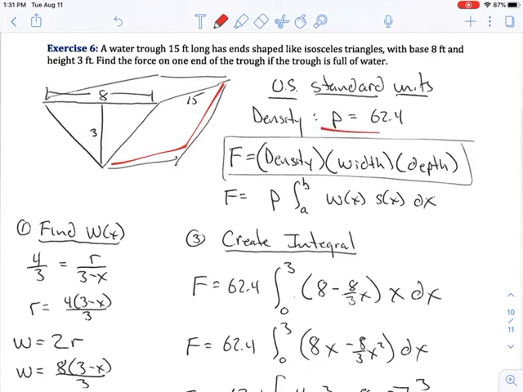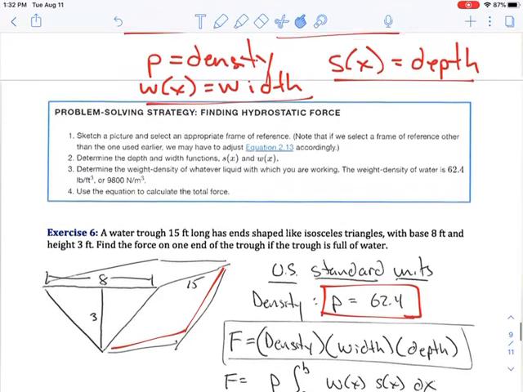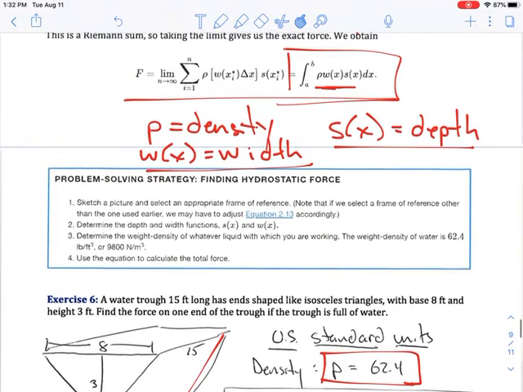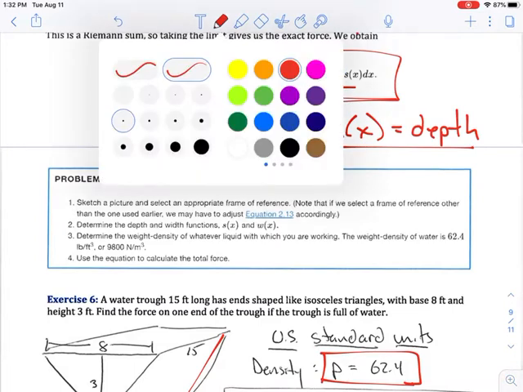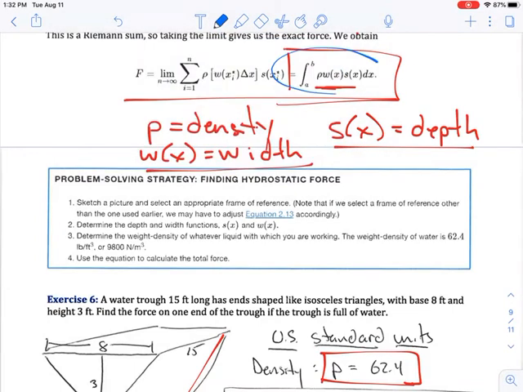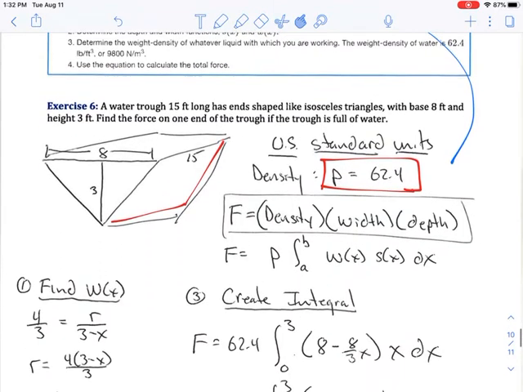Therefore, density is 62.4. And so here's what the integral breaks down into. This integral back up here, this one right here, breaks down into this.